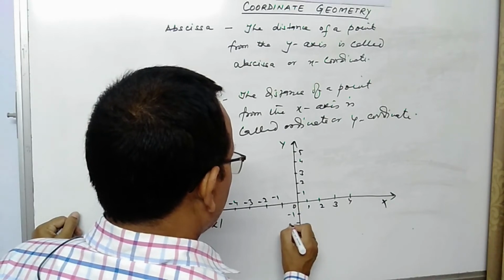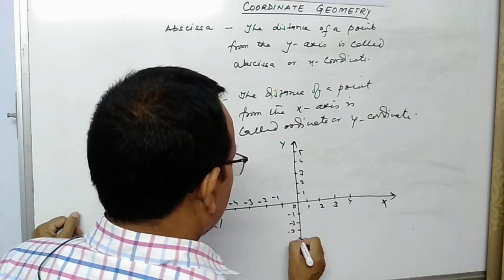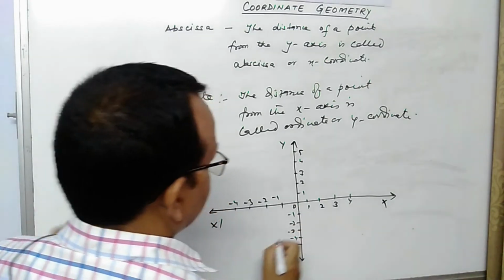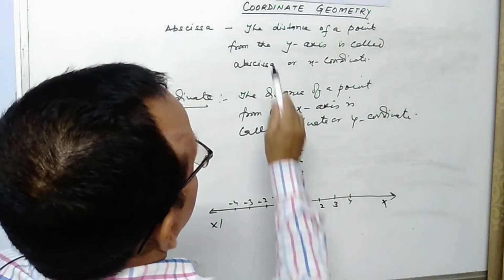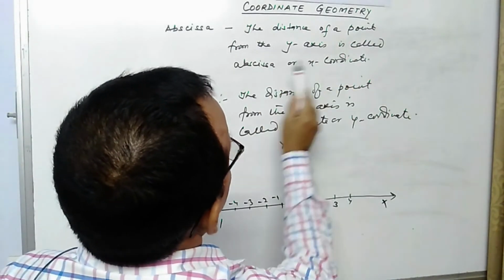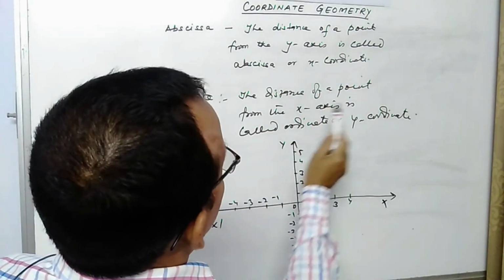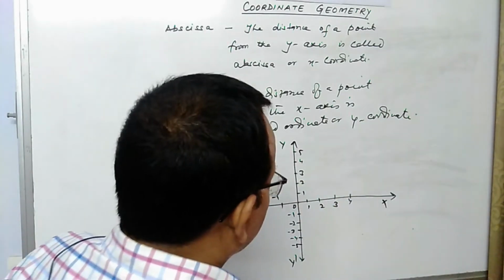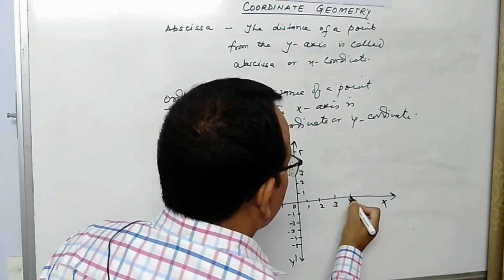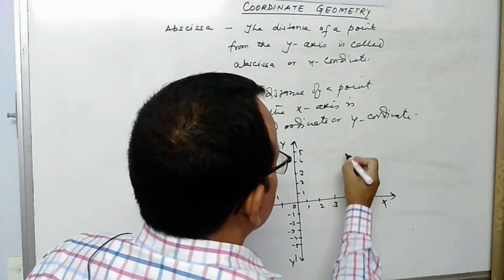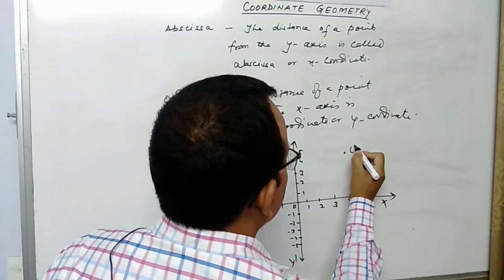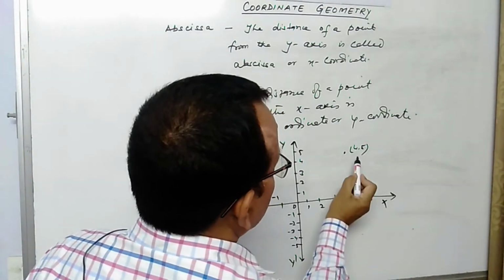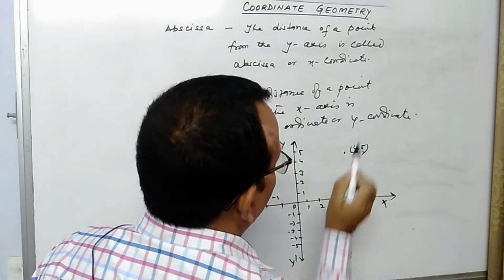Again minus 1, minus 2, minus 3, minus 4, minus 5, like this. So the distance of a point from the y-axis is called abscissa, and the distance of a point from the x-axis is called ordinate or y-coordinate. Suppose we need to plot a point 4, 5. So this will be the point 4, 5. So this is the x-coordinate and this is the y-coordinate.